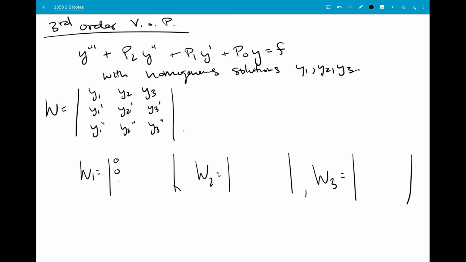So W1, you're just going to take 0, 0, f, and then everything else the same. W2, you're going to have your middle column is 0, 0, f. Take out all y2s, but everything else stays the same.